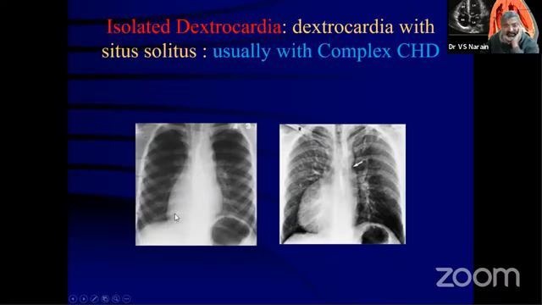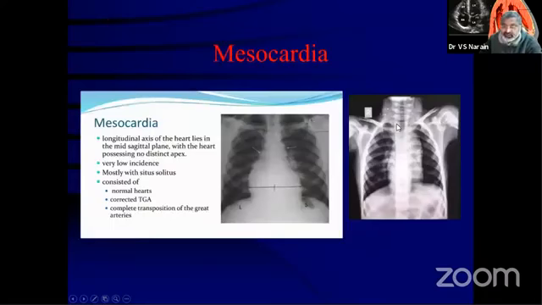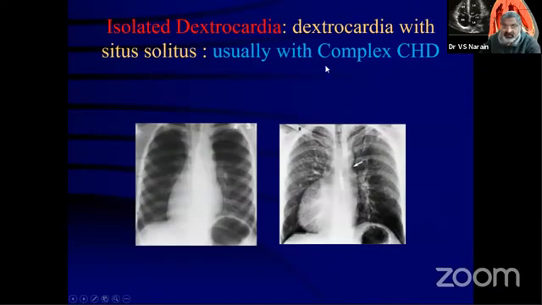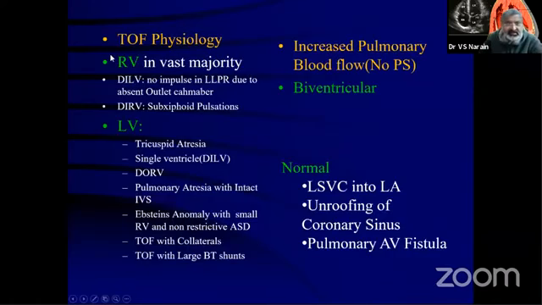So this is isolated dextrocardia. This also is associated with complex disease. So whether it is isolated levocardia or whether it is isolated dextrocardia, both these situations will have complex disease. So in your physical examination, always talk about the liver dullness, the tympany of the stomach, and the apex, whether it is right or left side.